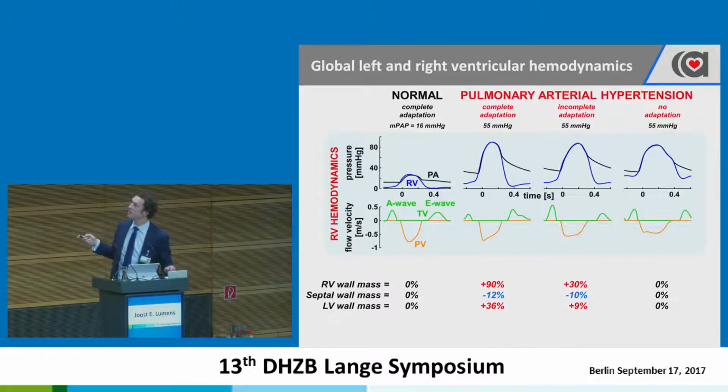Well, this is how the hemodynamics look on the right heart. On the top here, we see pressures of the right ventricle and the pulmonary artery. On average, this black line is 55 millimeters mercury, but you see that the level of decompensation dramatically influences, for example, the diastolic pressures, which is what you would expect.